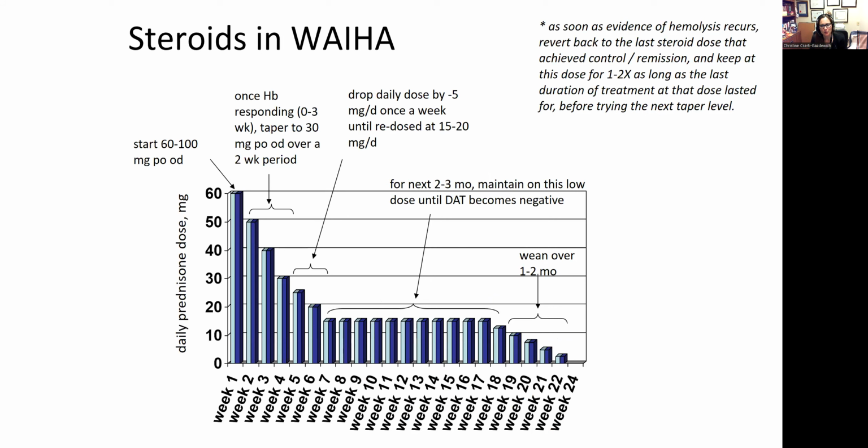Now I want to say a little bit about steroids because these are not something that you can stop quickly in immune hemolysis. People with autoimmune hemolysis, like people with lupus, need steroids for the long haul. So we're talking about a 6 to 12 month course of therapy. And the taper has to be very stealthy.